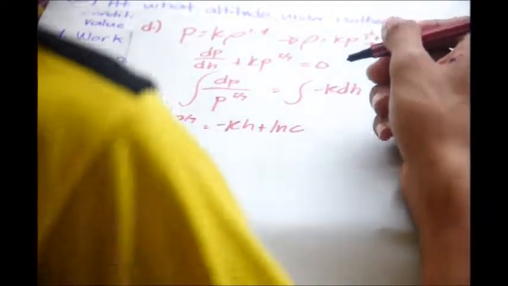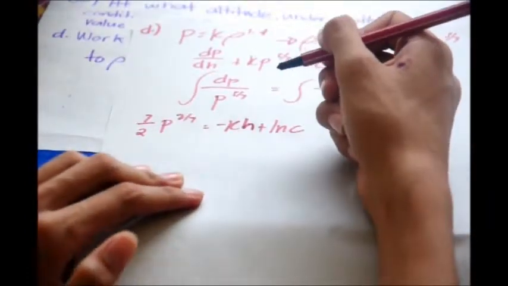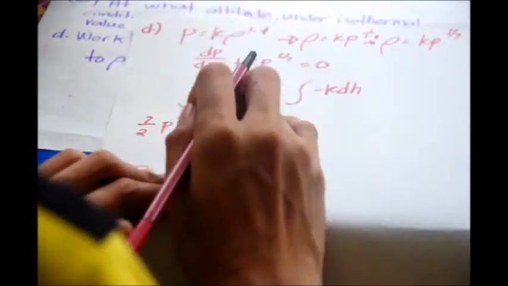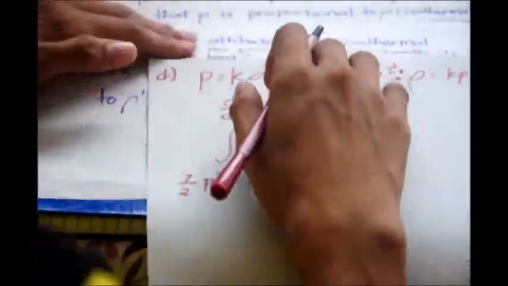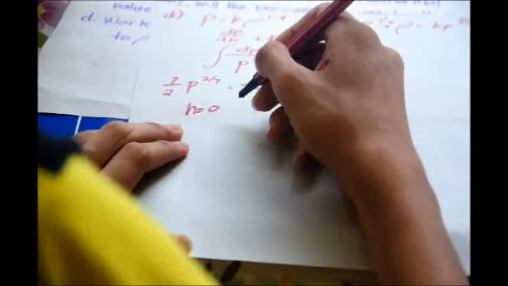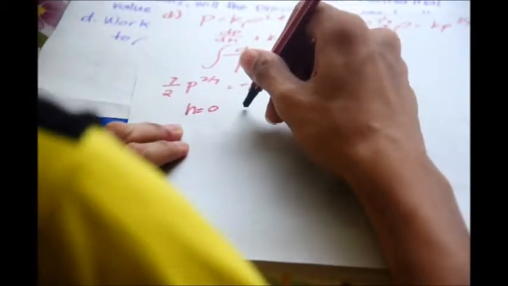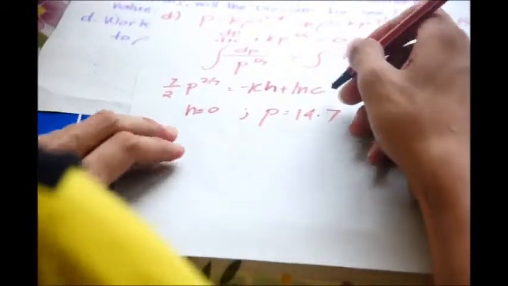We will now solve for the values of K and C using the boundary conditions used in letter B, which is H equals 0 and P equals 14.7.